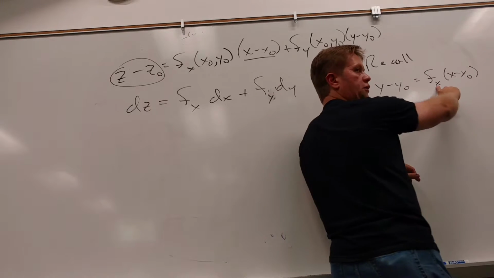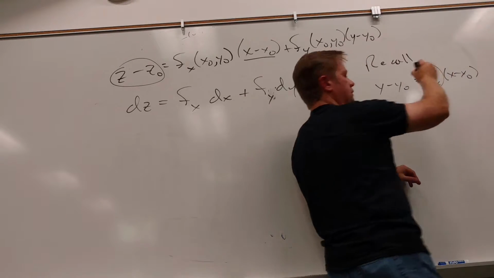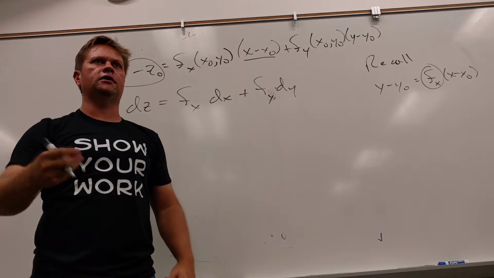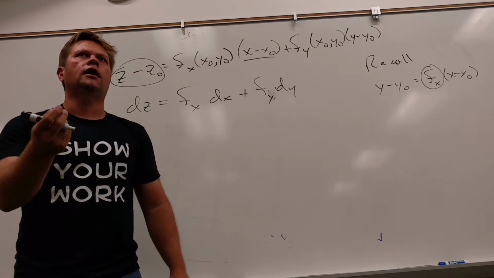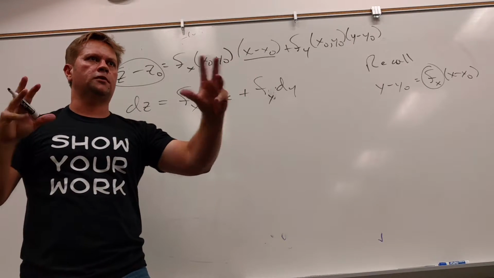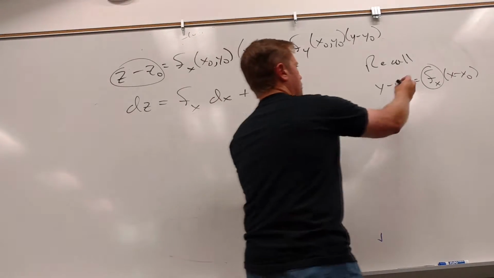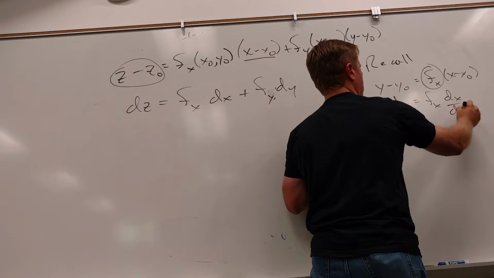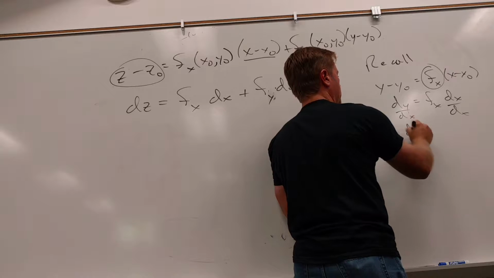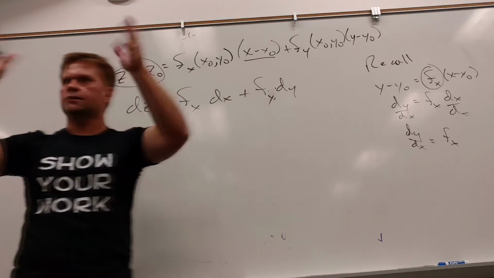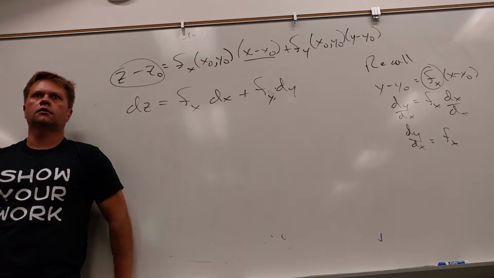You see how in 2D, this is silly, but it still has meaning. It still is the derivative of the function with respect to x. But in here, it wouldn't be a partial, because there's only one independent variable in the first place. So see, if I do this and then divide by dx, I get dy/dx equals the derivative of the function with respect to x. That's amazing.